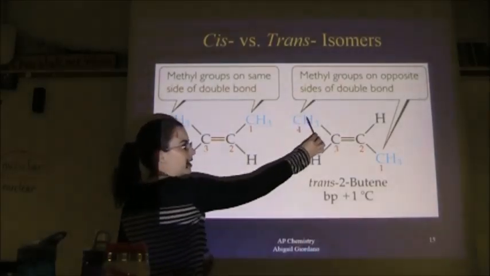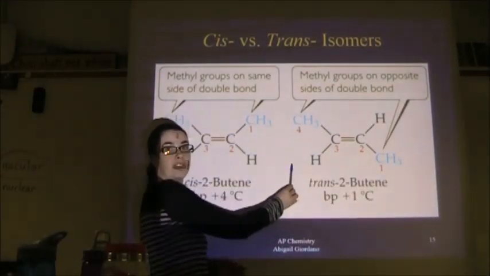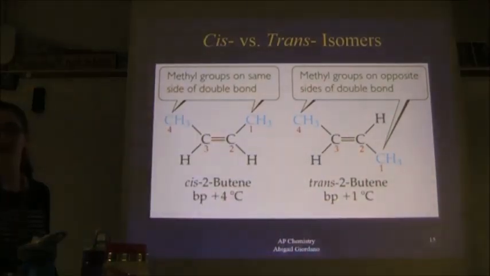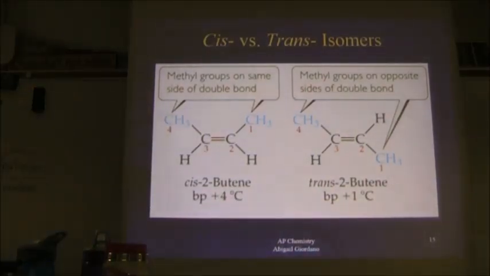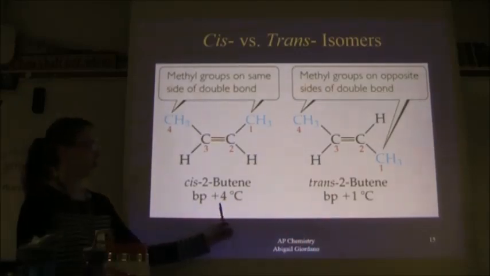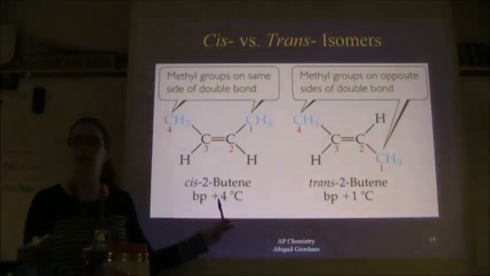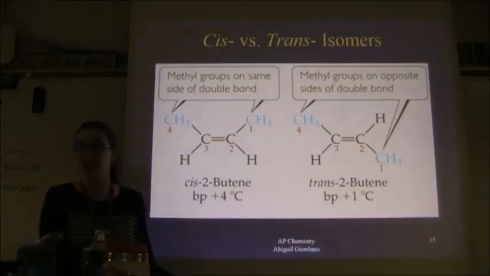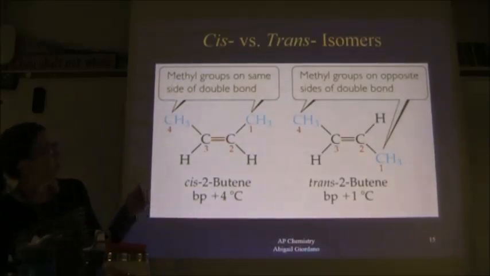If it's like this, or it could be this direction as well, that's called a trans isomer. They're only showing you the boiling points here just to show you that these molecules behave slightly differently. Okay. So it's cis versus trans.